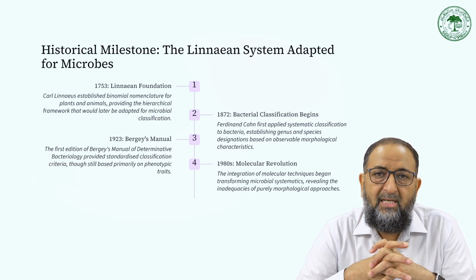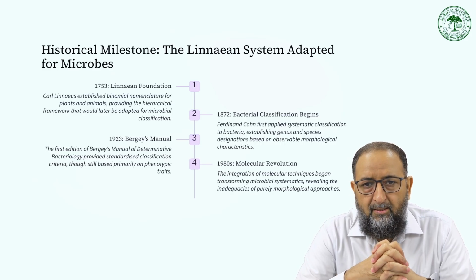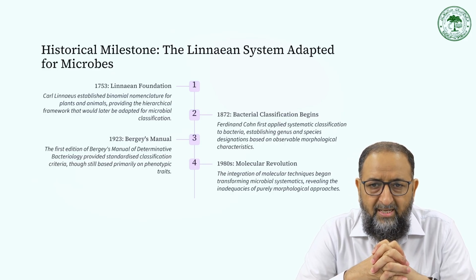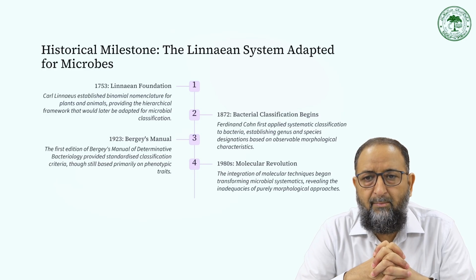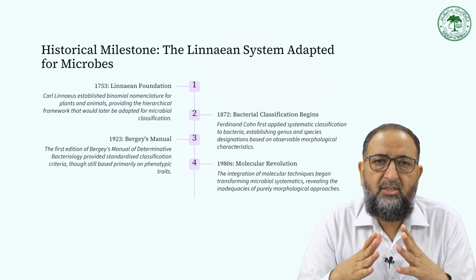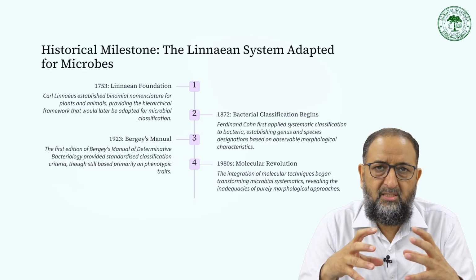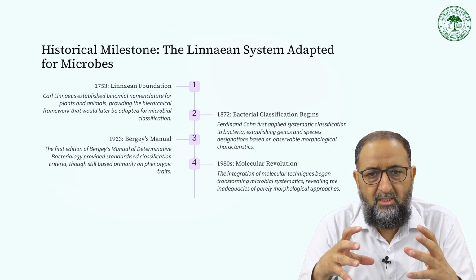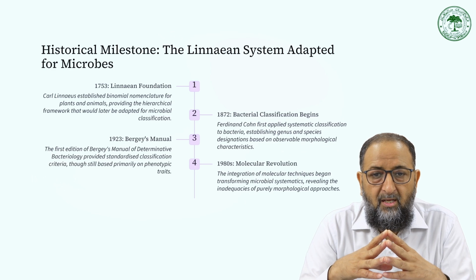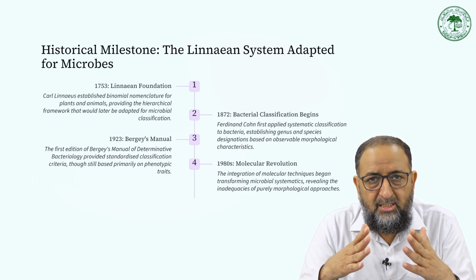Okay. In 1872, bacterial classification starts. Ferdinand Cohn was the first scientist to apply systematic classification to bacteria, establishing genus and species. So giving the nomenclature of a genus and species to an individual started in 1872 with Cohn. What does it mean? For example, Escherichia coli.